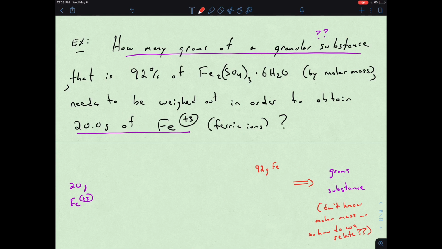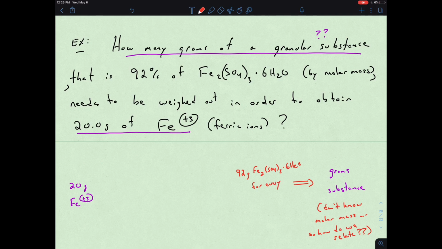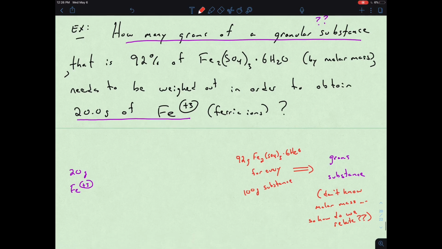We could write that a little bit differently, saying that there's 92 grams of this molecule for every 100 grams of substance. And so that's the relationship that we're talking about as far as how we relate. Well, we relate using the 92%, right? So that's how we actually relate it to that.